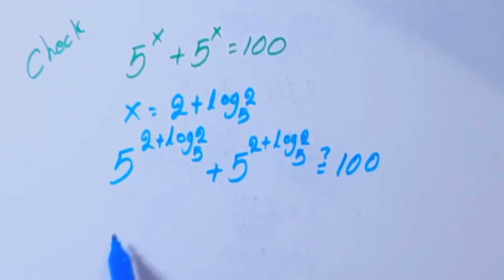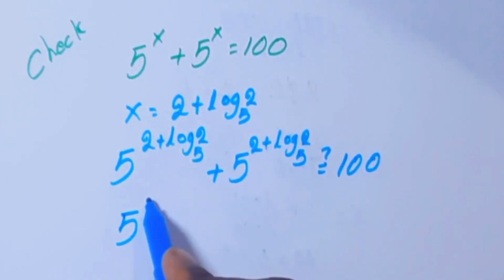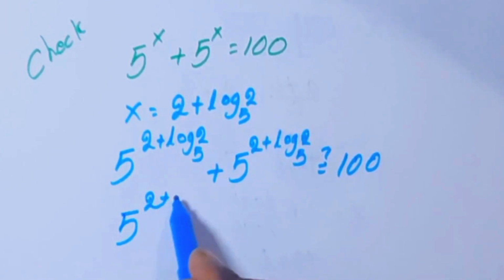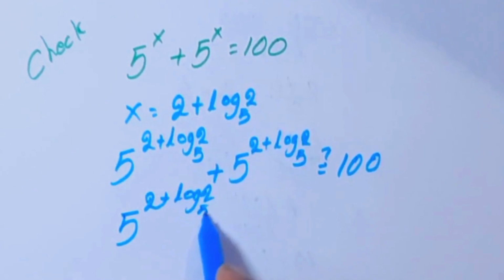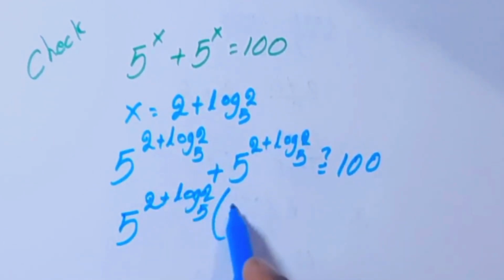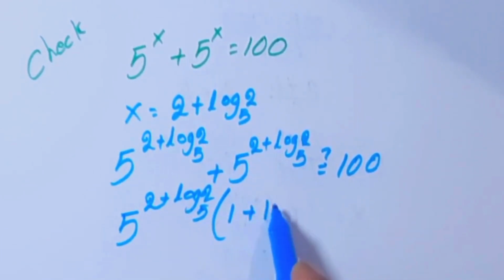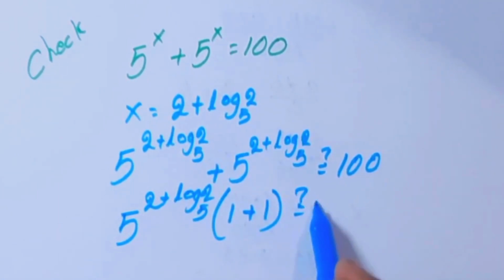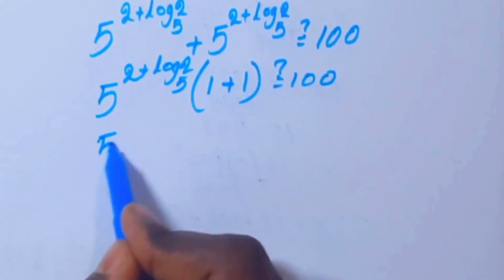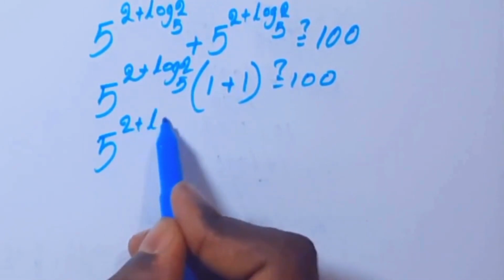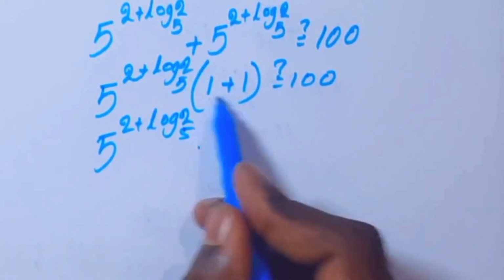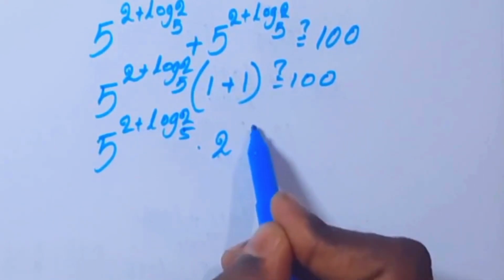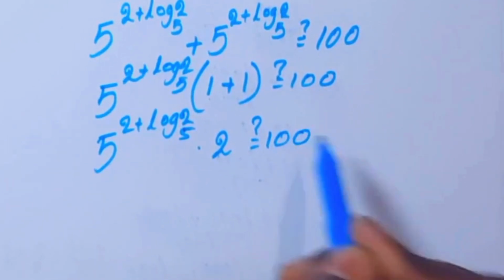We are checking that. So here 5 power this x is common. So we are going to take common that 5 power 2 plus log 2 base 5, open bracket, 1 plus 1, equal to 100. 5 power 2 plus log 2 base 5 times 1 plus 1 is 2 equal to 100.